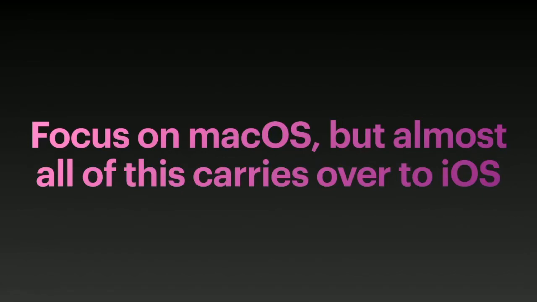With the exception of maybe it's a little harder to fit a USB security key into your phone, but you can do that over NFC and some other things. Other really nice thing is with iOS 15 being out, you can have extensions in Safari that are pretty much identical to extensions that you would have in Chrome or on Safari on the Mac. And so some of the things that we're going to do a little bit later will be, again, very replicable on iOS as well as you go through that. So just keep that in mind as we go.